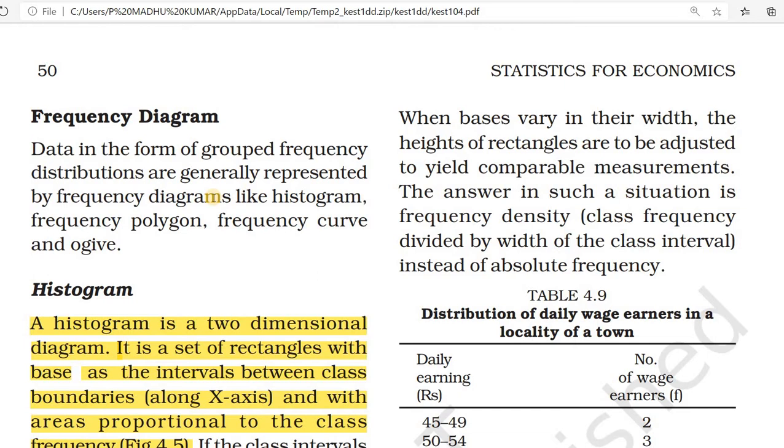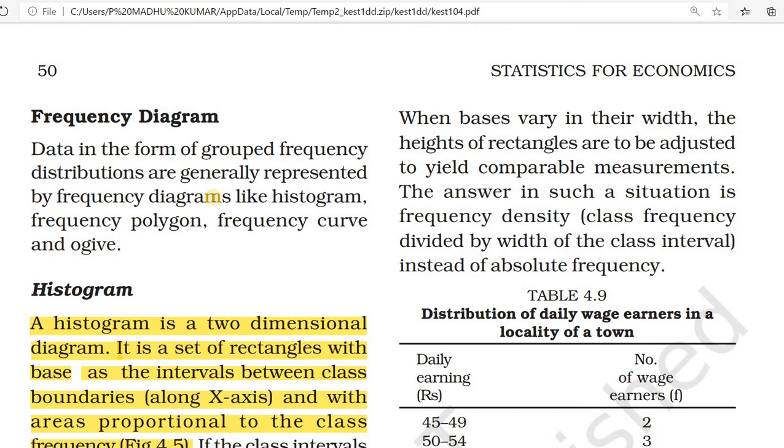If it is a frequency distribution, we can take the measurements in classes like 1 to 5, 5 to 6, and make it a frequency distribution. In the case of frequency diagrams, we use histograms, frequency polygon, frequency curve and OGIVES.